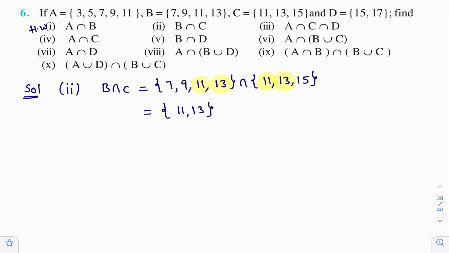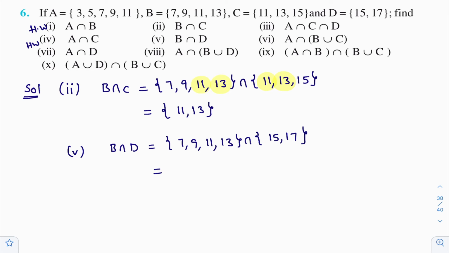Now you observe this fourth bit. You try this 4th bit. I'll do this 5th bit. Okay, 5th bit. Model-wise we are doing B intersection D. What is set B? Set B is 7, 9, 11, 13. Intersection set D. What is set D? 15, 17.